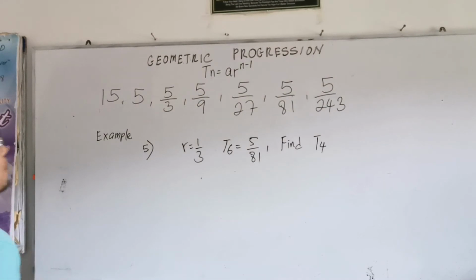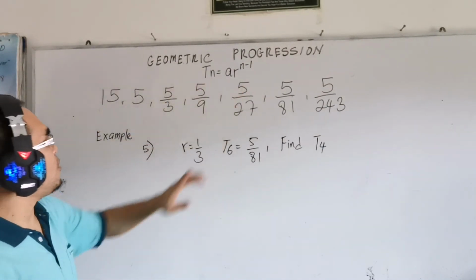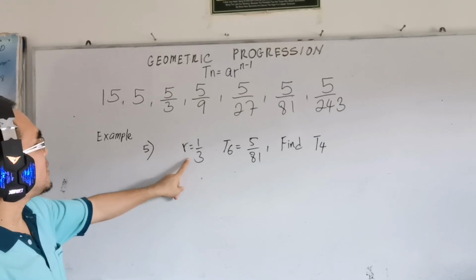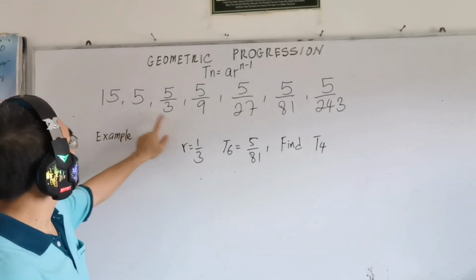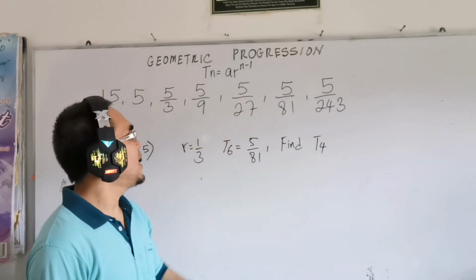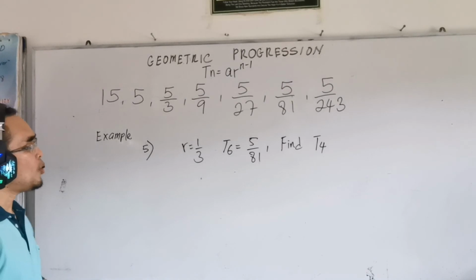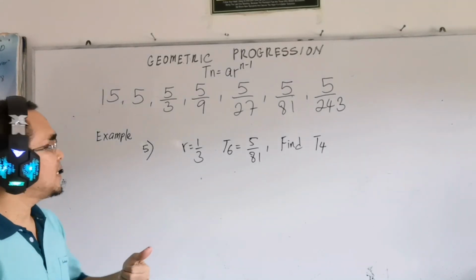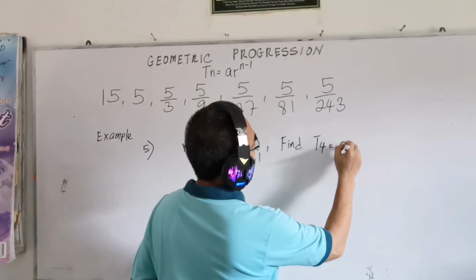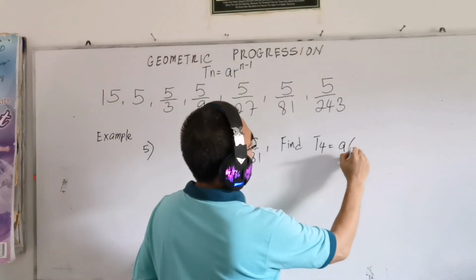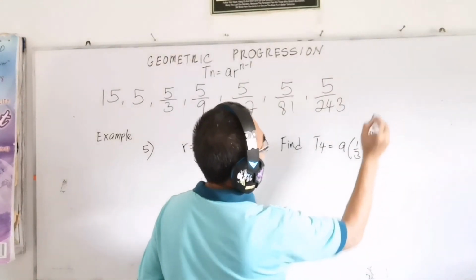This is another hypothetical question. Based on this info, R is 1 over 3, T6 is 5 over 81, 1, 2, 3, 4, 5, 6, and find T4. Okay, so you do not know in this case A. Okay, so T4 will be A, 1 over 3, 4 minus 1.